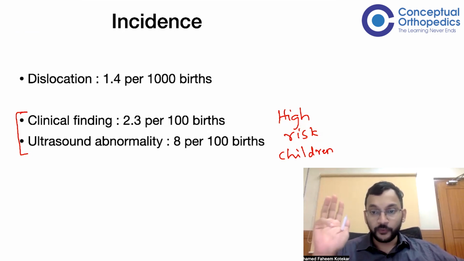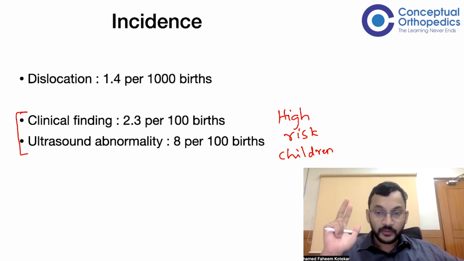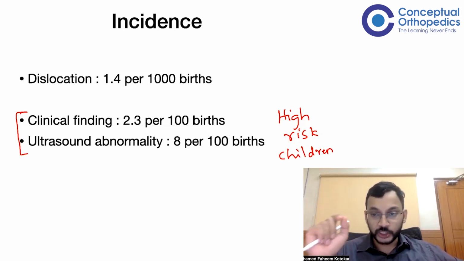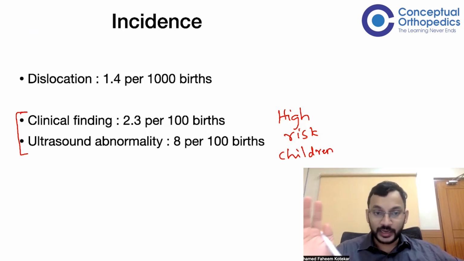So these are the 4 high-risk categories. That is, firstborn female with a breech presentation and a family history of DDH. So these 4 conditions will make those children high-risk children, and all of them are generally examined both clinically and with the help of ultrasound to find out for DDH.